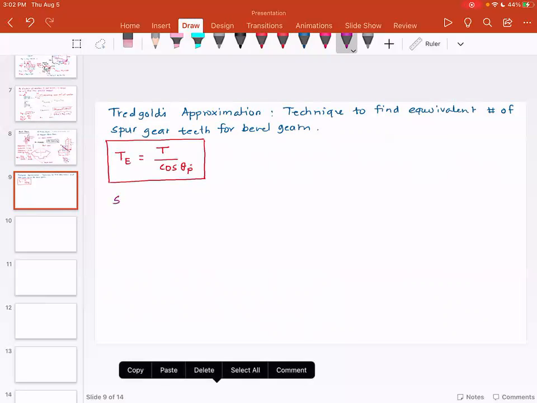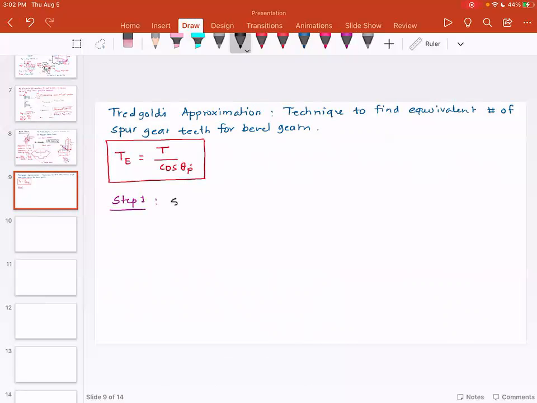So step 1 is the strength calculation, which is WT equals sigma O multiplied by CV multiplied by B multiplied by pi multiplied by M multiplied by Y prime, which is the modified Lewis form factor.